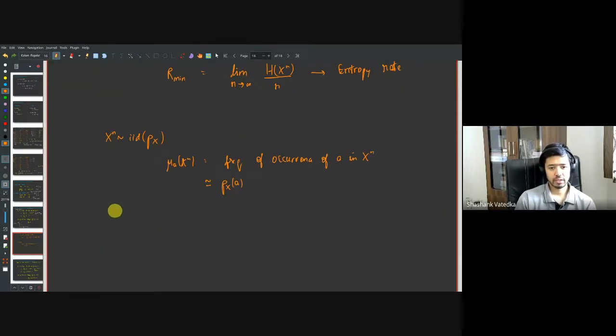So for example, let us take the following sequence xn, which is described as follows. x1 is distributed according to Px, maybe let's take a Bernoulli sequence, maybe Bernoulli half. But then if I want to construct a dependent sequence, let us assume that x2 equal to x3, all of them are the same and equal to x1.